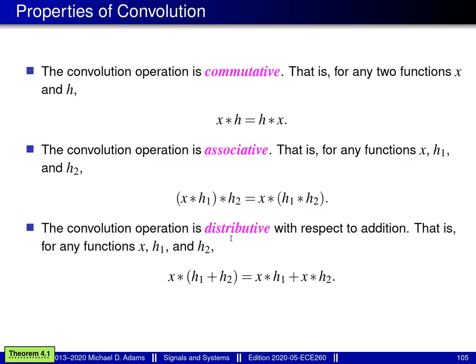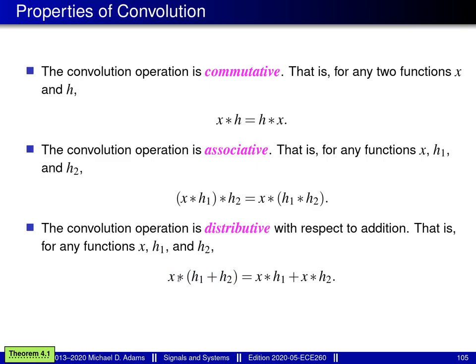And the last property is that the convolution operation is distributive with respect to addition. So this is a similar pattern that you have with addition and multiplication. If I have 3 functions, x, h1, and h2, and I have something like what's shown on the left-hand side of this relationship here, essentially what I have is a sum of 2 functions, and then a convolution that's convolving with this sum.